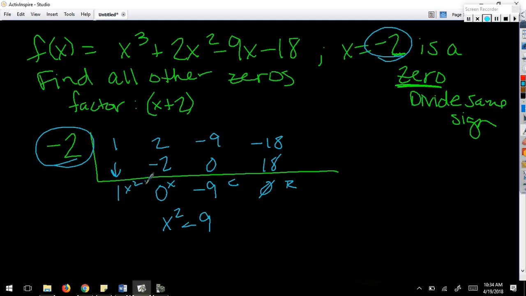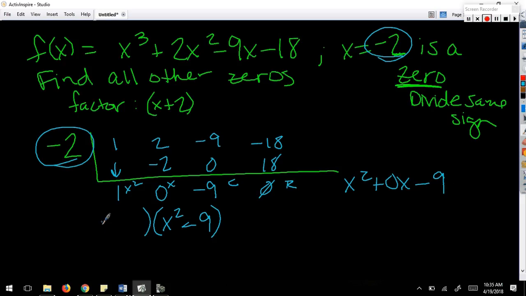I just didn't write the 0x, but it's really x squared plus 0x minus 9.